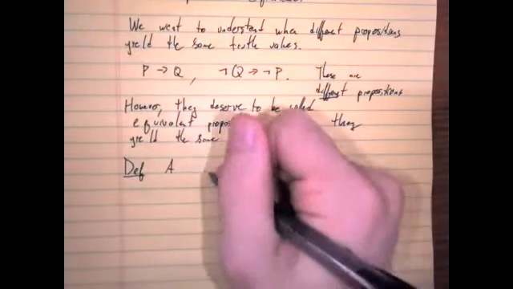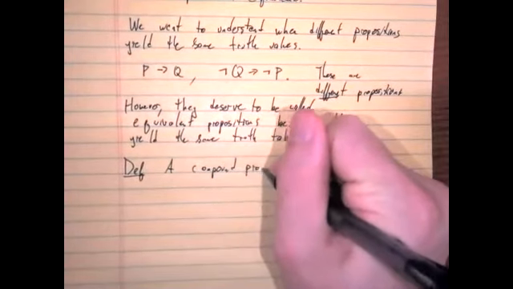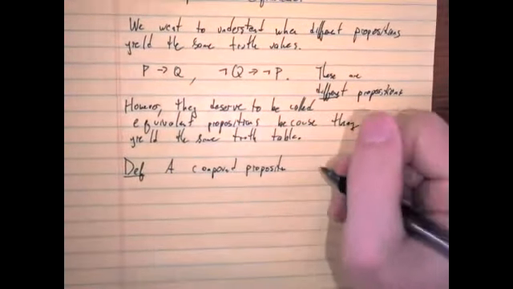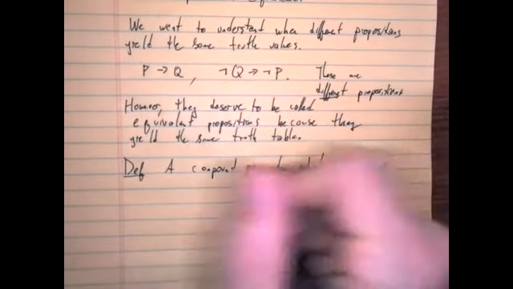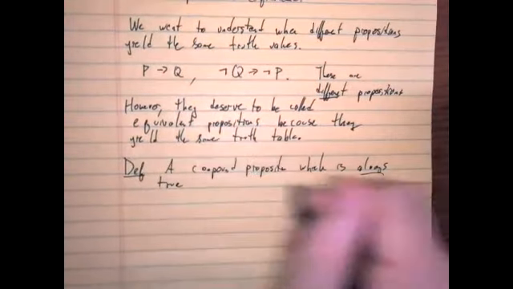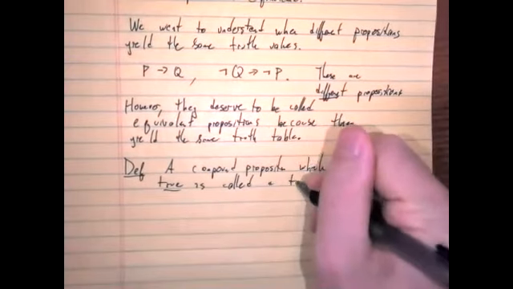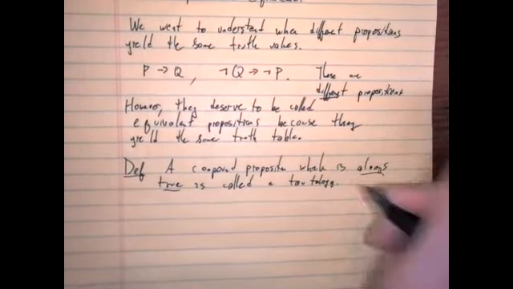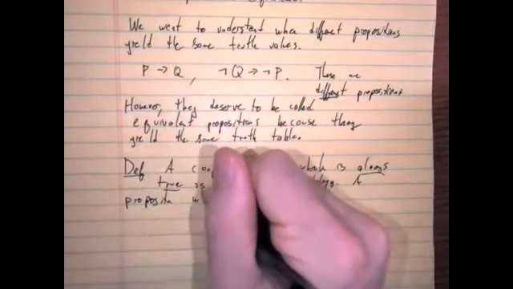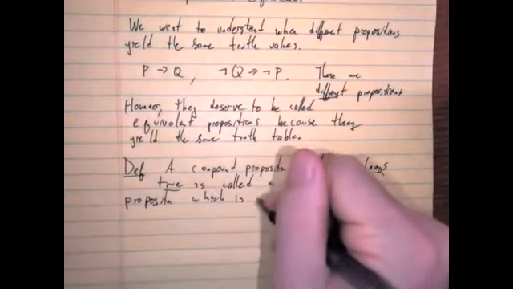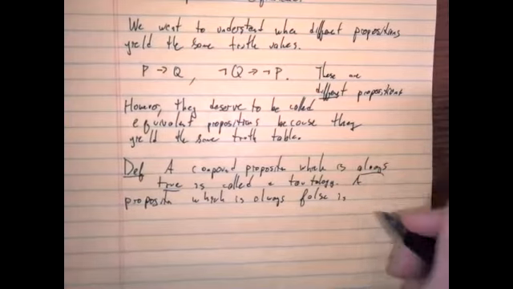A compound proposition which is always true is called a tautology. A proposition which is always false is a contradiction.